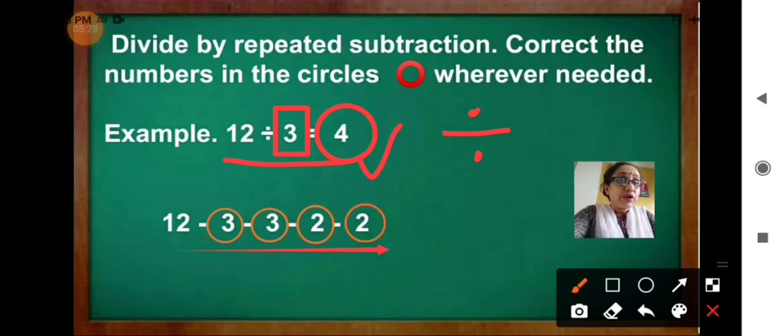Okay? So what we will do? We will cut this 2 and write 3 here. Cut this 2 and write 3 here. Now you are getting 3 4 times. Understood? We will do few more division like this, or repeated divide by repeated subtraction, then it will become easy for you.